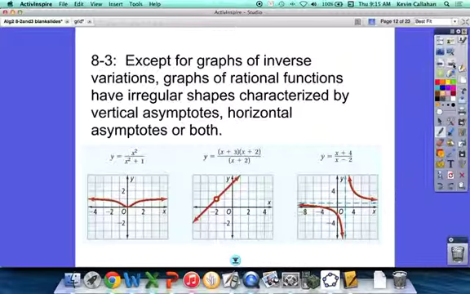The thing about them is they're defined by asymptotes. That's the one thing that we're supposed to take out, as the rational functions are characterized by vertical asymptotes, horizontal asymptotes, or both. We already saw that, right? We had one that had.